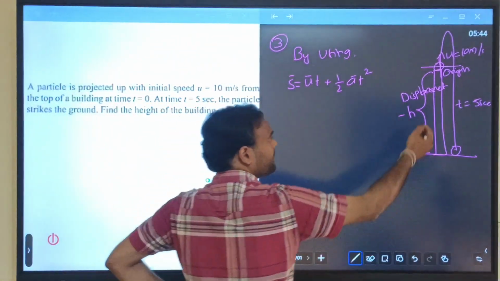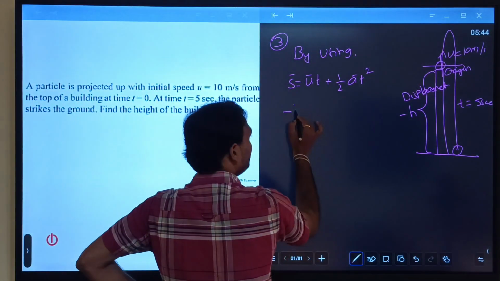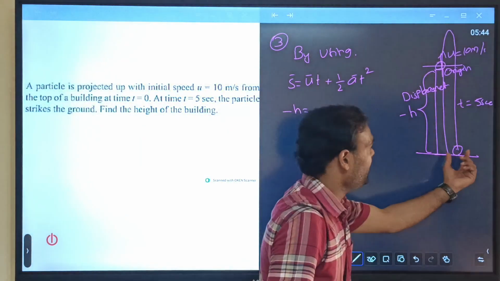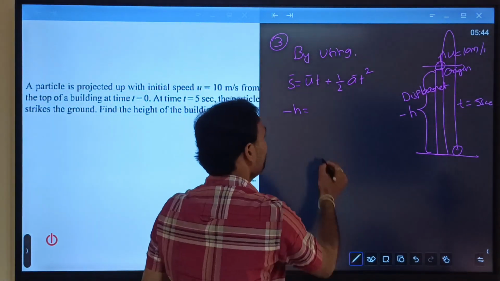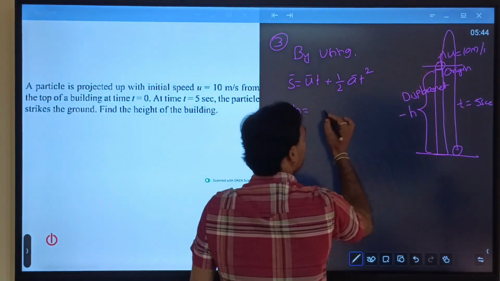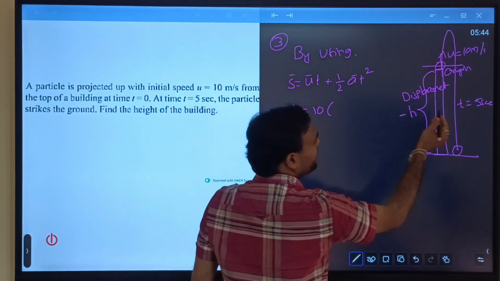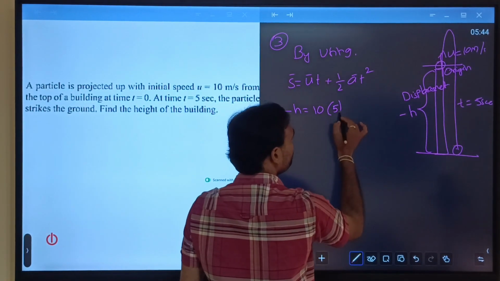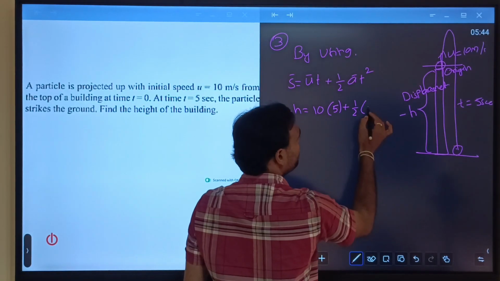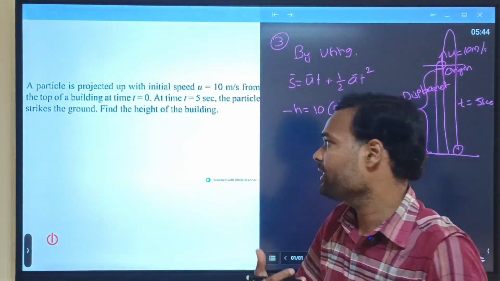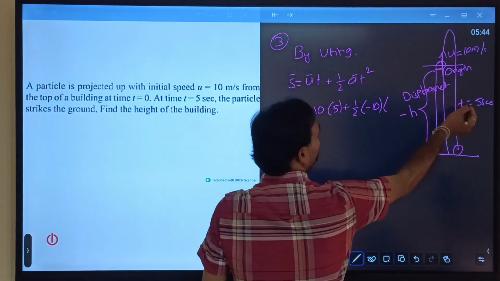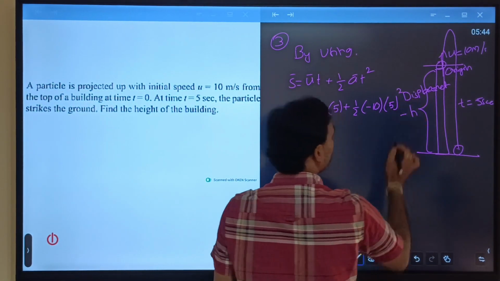Now s is downwards, as the object finally reaches this location, so we consider only displacement. So minus h equals 10 times 5, initially moving upward, plus half times the acceleration due to gravity, minus 10, times 5 square.